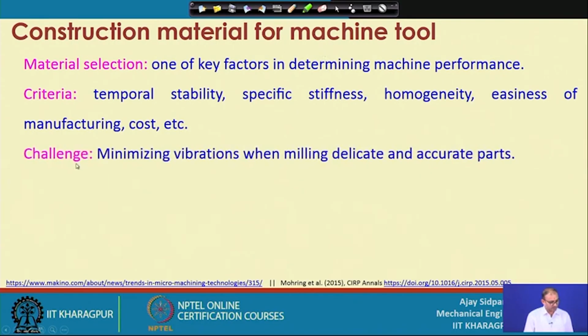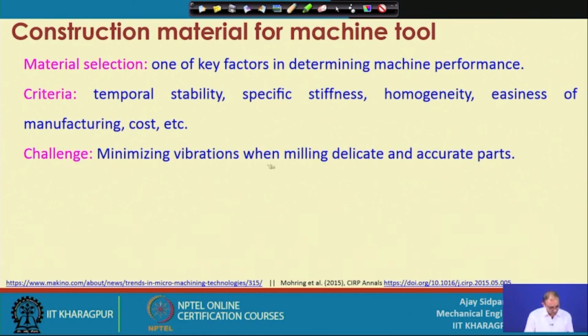What are the challenges here? Minimizing vibration when milling delicate and accurate parts, because we know that we are working with micro machining or micro components, where our depth of cut is at the micron level and we are going at a very high speed, and our tool should also rotate along its own axis without very high tool runout.